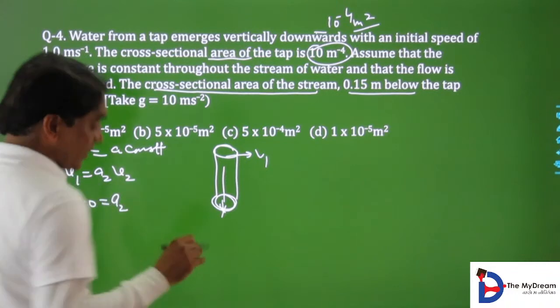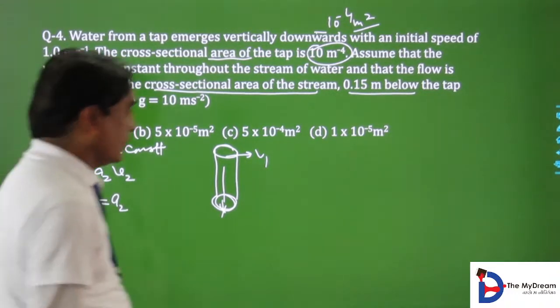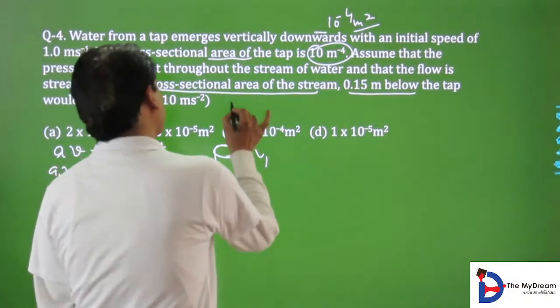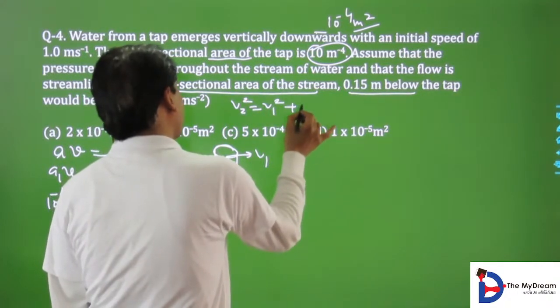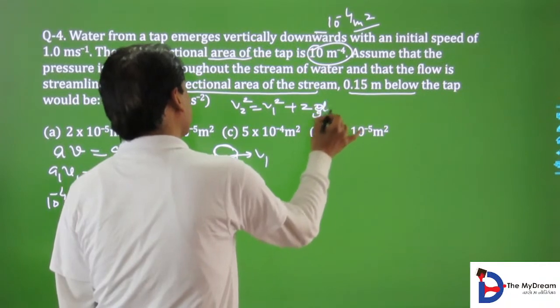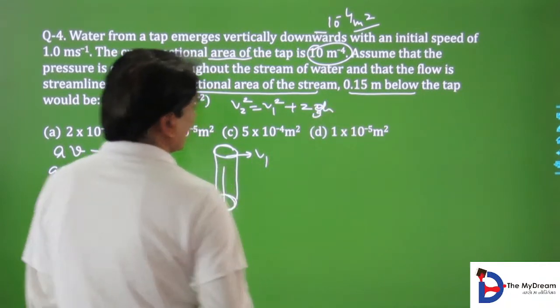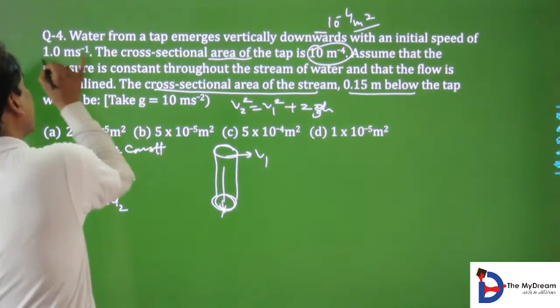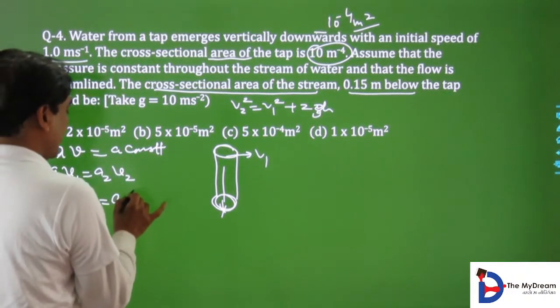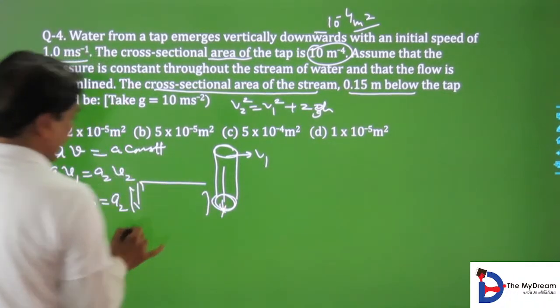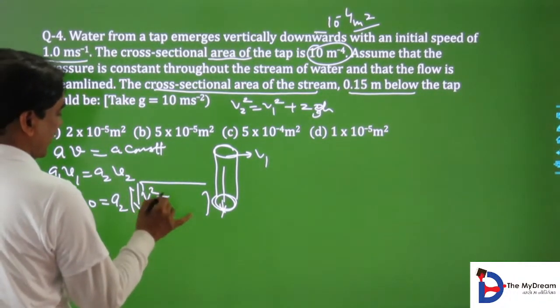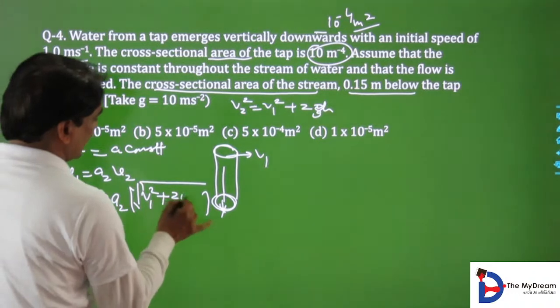Velocity V2 we didn't know. But as we have read, V2 square is equal to V1 square plus 2GH. Because the initial speed is given to you, in place of this, you just make the square root and write down V1 square plus 2GH.